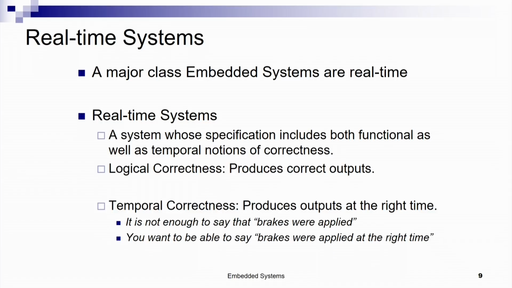So, real time systems are characterized by things like this. It is not enough to say that brakes in a car were applied. You want to be able to say that brakes were applied at the right time. To make another, more pertinent example, let us say you want to design the anti-lock braking system in a car.